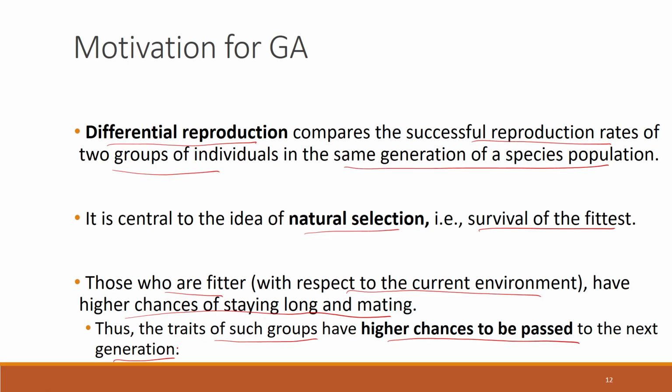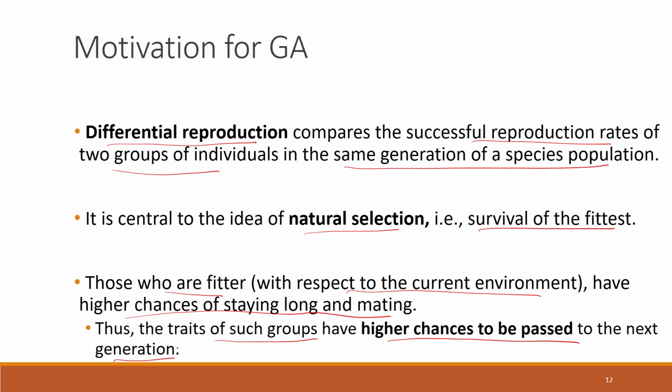Similarly, the concept of genetic variations is useful because we want to explore different kinds of solutions in a feasible region before we conclude that we have found the optimal solution. And in order to search for the solution in a very diverse way across the feasible region, these concepts related to mutation and genetic variations like reproduction are helpful because they introduce diversity in the solutions.